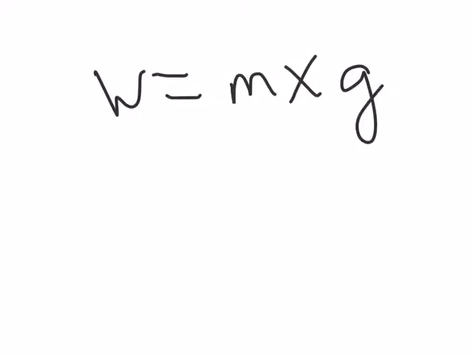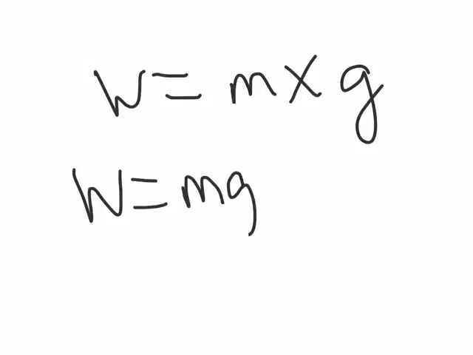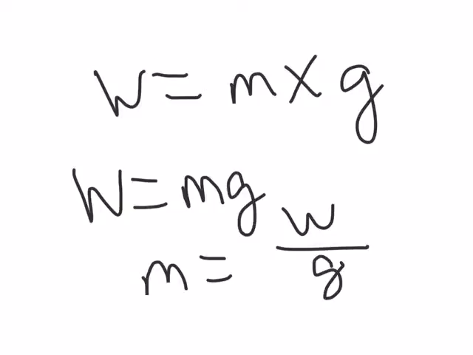Look at mass, work, and energy now. Weight is equal to mass times gravity. So if we know weight is equal to mg, and we know mass then is equal to weight divided by gravity.